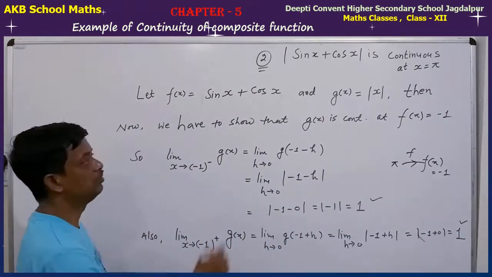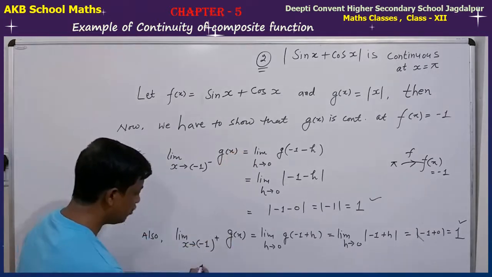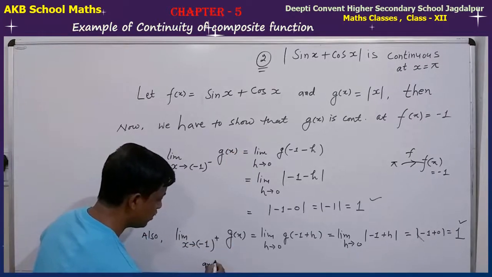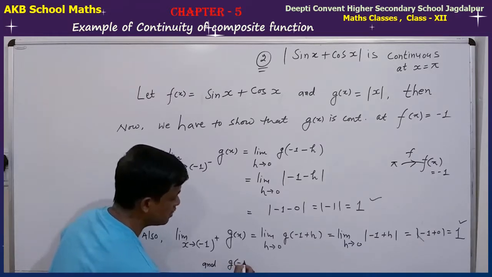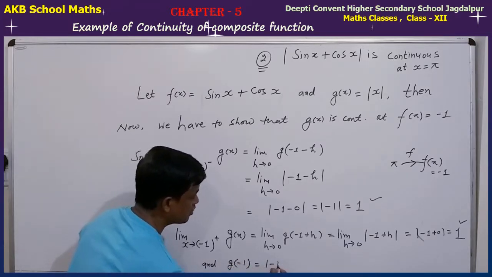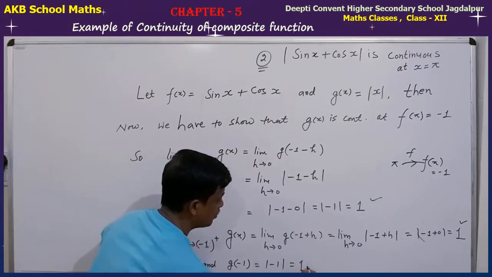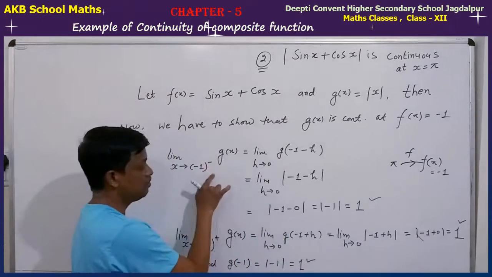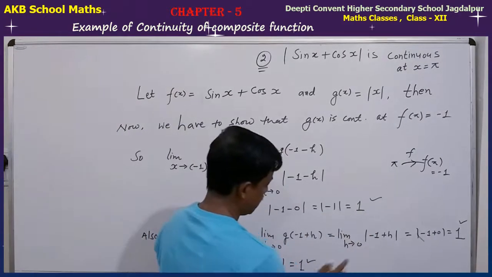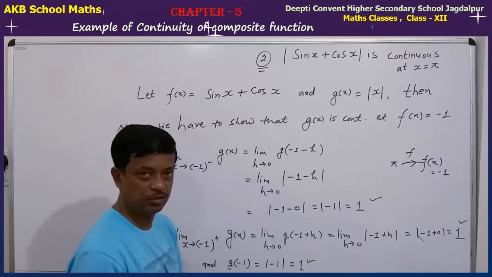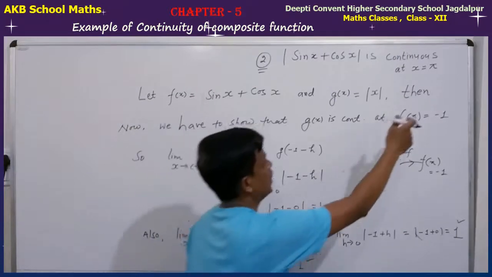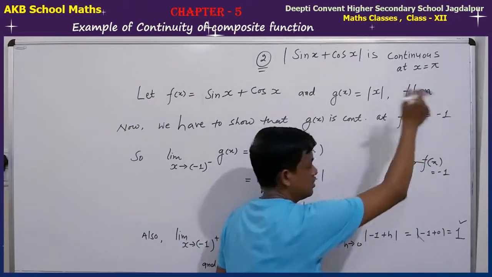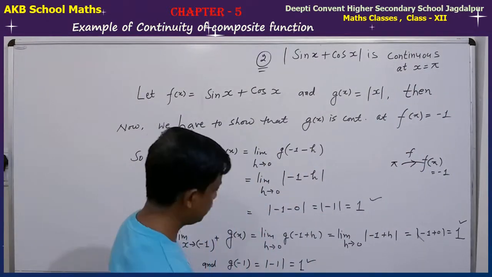Also the value of the function at that point, g(-1) equals |-1| equals 1. So the left hand limit, right hand limit and value of the function are equal. So g(x) is continuous at x = -1. Okay?